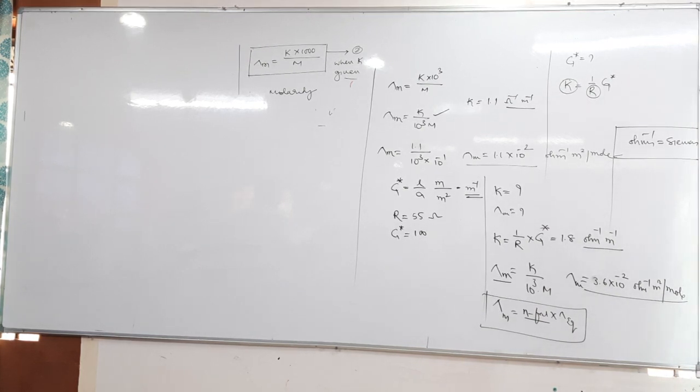What is the K value given? 0.141. And again, what do we have to calculate? Molar conductivity and conductivity, K and lambda m.